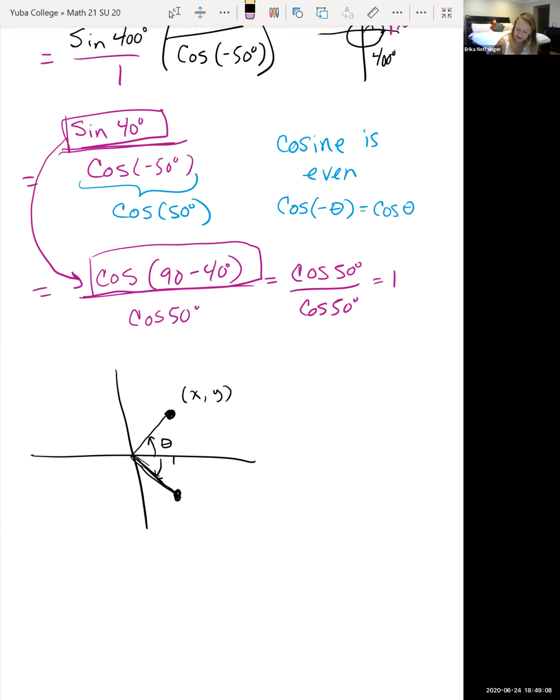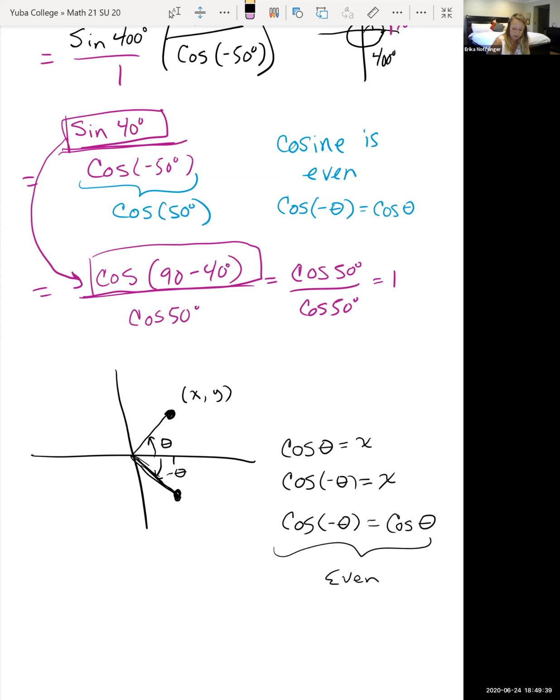So notice the x value for negative theta. Cosine of theta here is equal to x, but cosine of negative theta is still the x value over the radius. Since cosine of negative theta is equal to cosine of positive theta, by definition it is even.